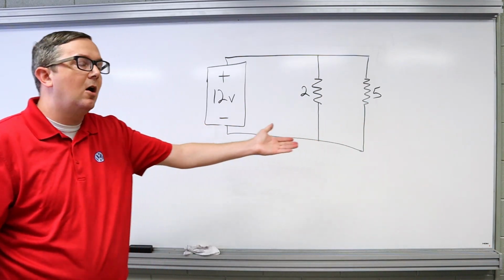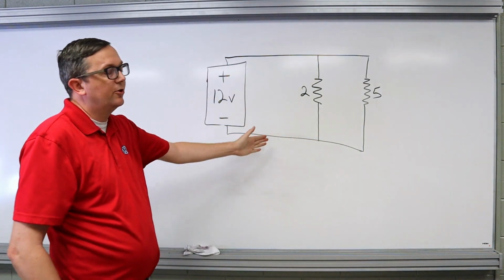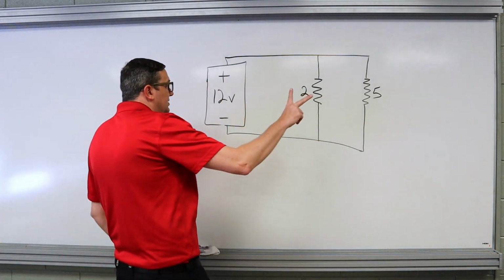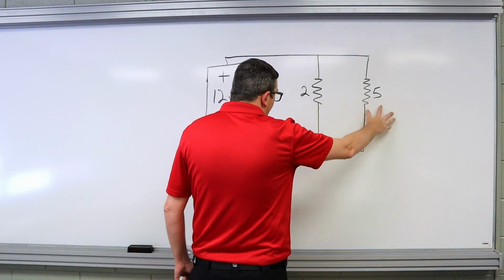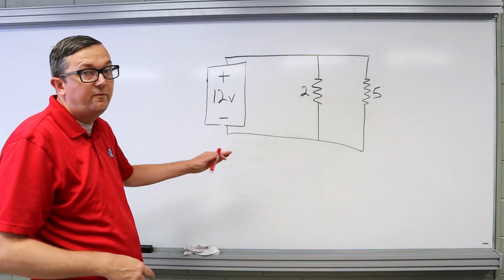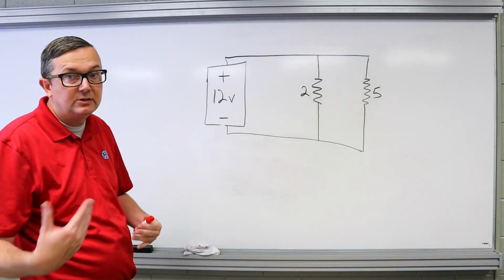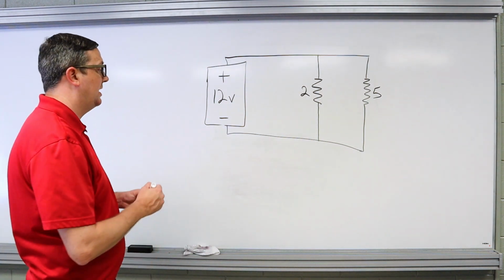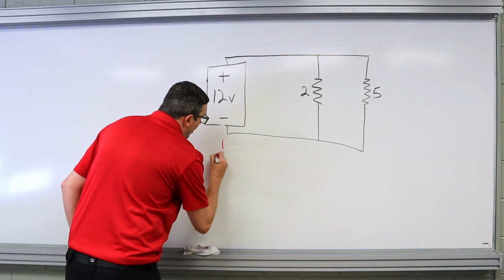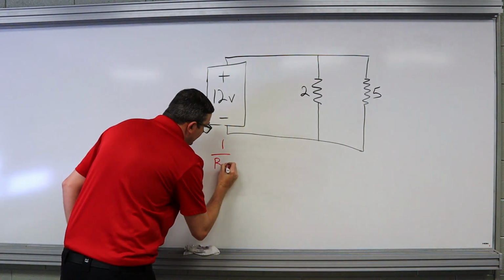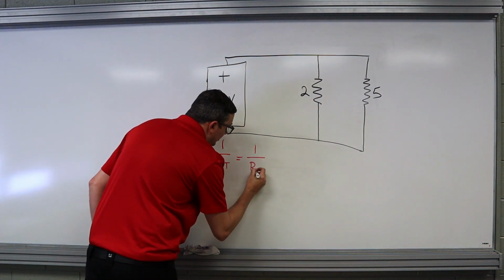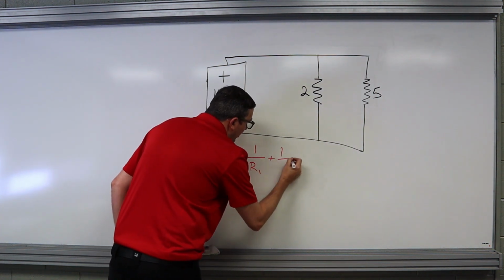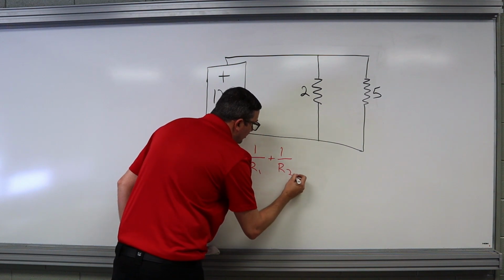Okay, so here is our parallel circuit, and we have 2 resistors. In parallel, we have a 2 ohm resistor and a 5 ohm resistor, okay? So the formula for figuring out resistance in a parallel circuit is as follows. 1 over total resistance equals 1 over resistor 1 plus 1 over resistor 2, and so on.